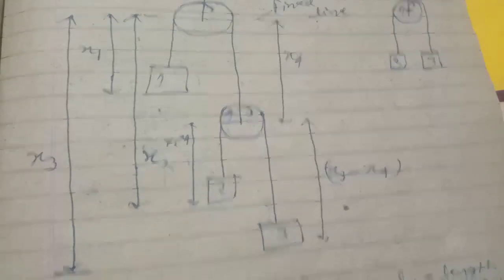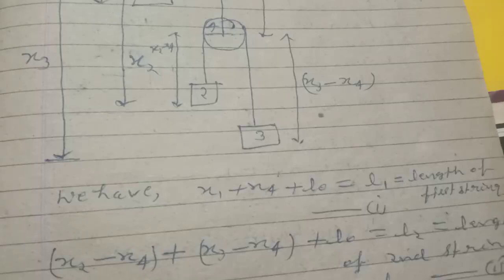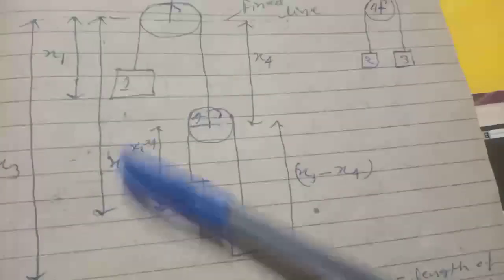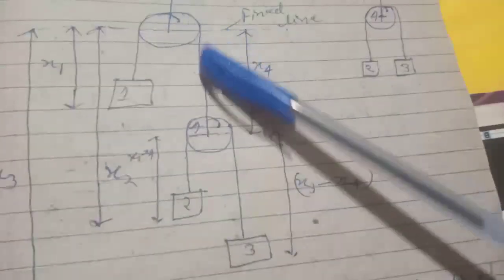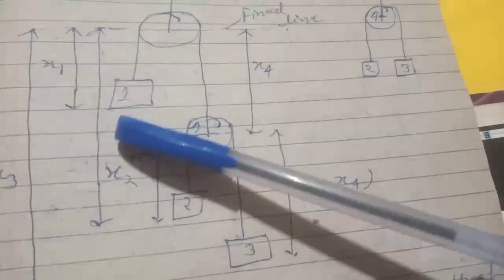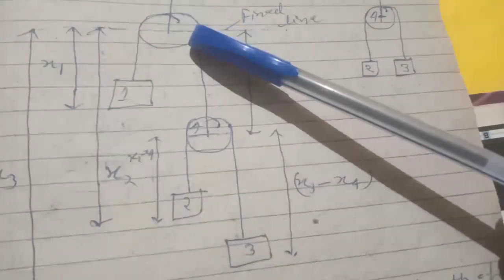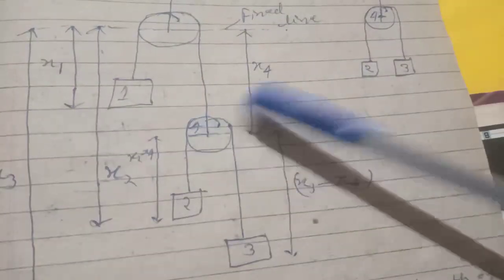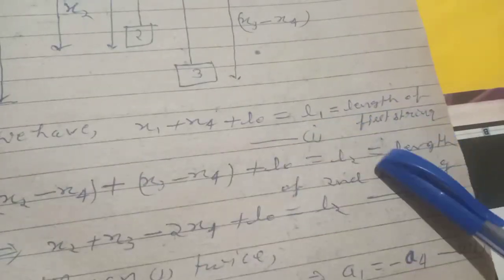Now we can write x1 plus x4 plus L naught equals L1, the length of the first string, that is here. This is the first string.